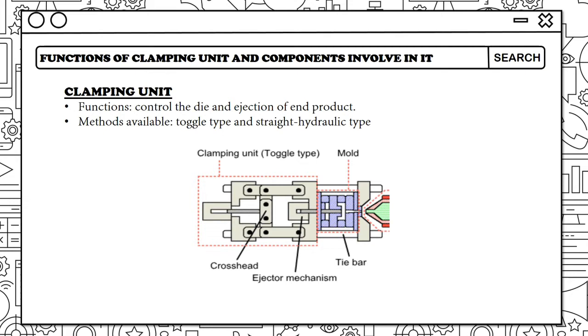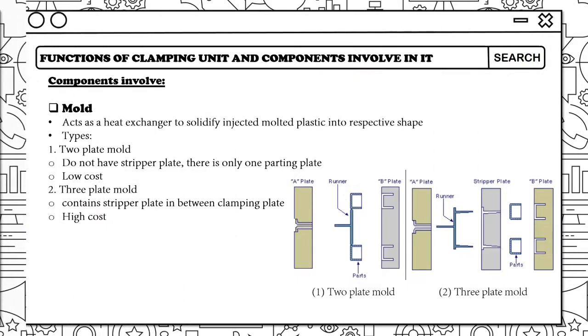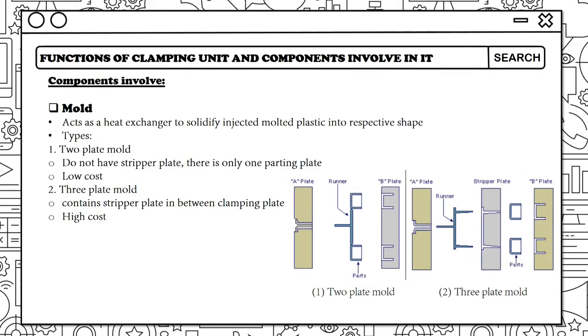Now, let us talk about the clamping unit. The function of this unit is to control the die and eject the end products. The first component involved in this unit is the mold. It acts as a heat exchanger to solidify the injected melted plastic into its respective shape. There are two types of mold, which are the 2-plate mold and the 3-plate mold.